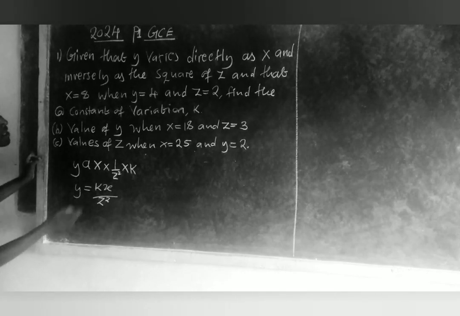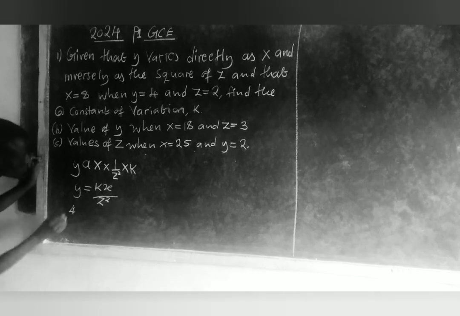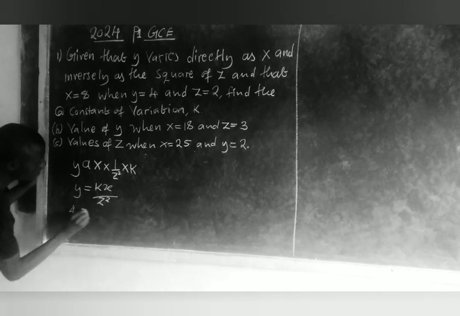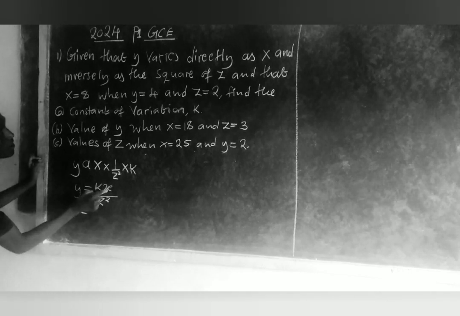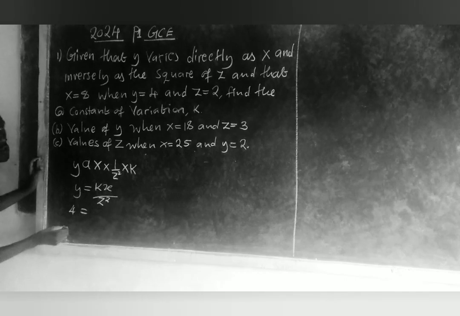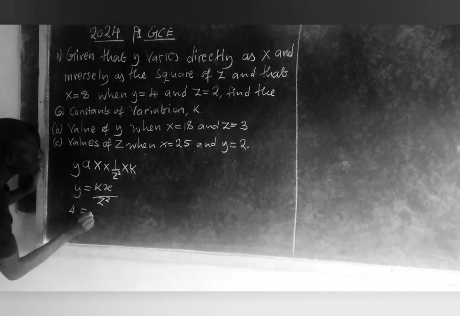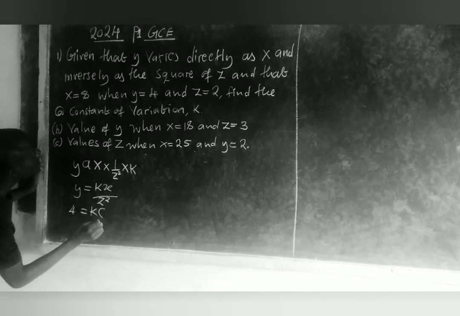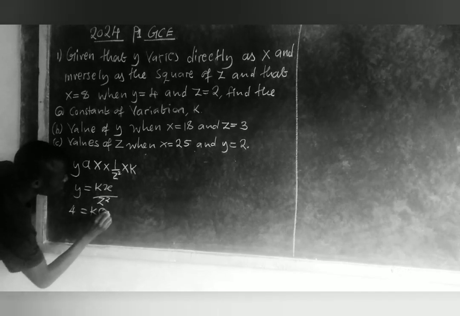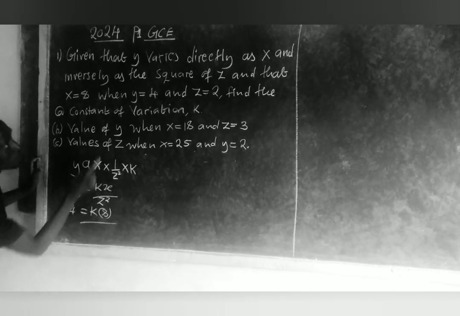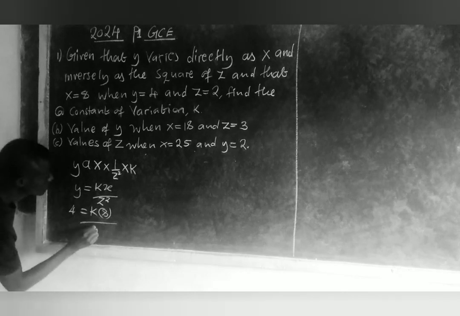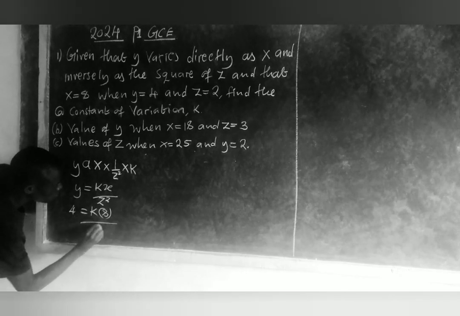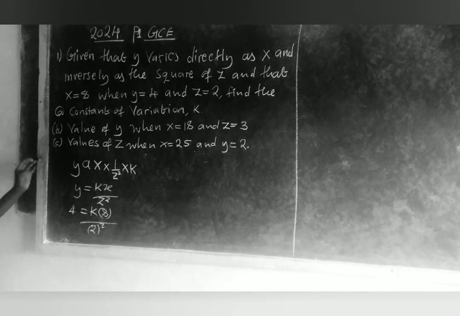So in this case, here we are going to put 4, and then on x we are going to say k times, open bracket, 8 out of the value of z, that is 2, and remember to square.